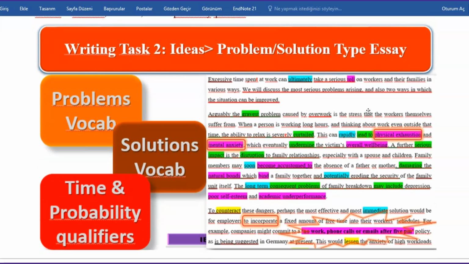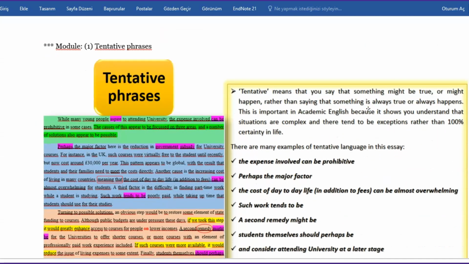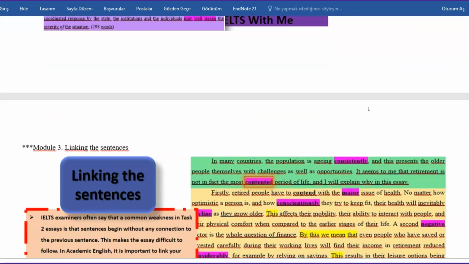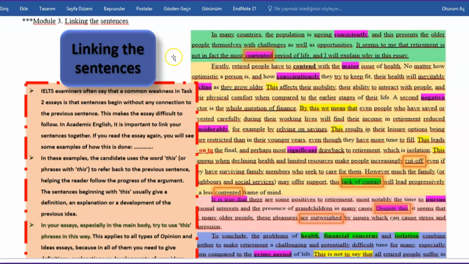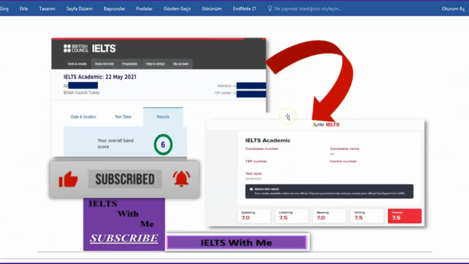You can take a look at them in our previous videos. And also the candidate used tentative phrases as well. Yeah, and the last one, actually, the candidate used in a perfect way the linking sentences by the help of "this" and some phrases, okay?